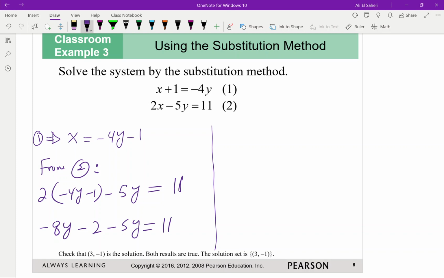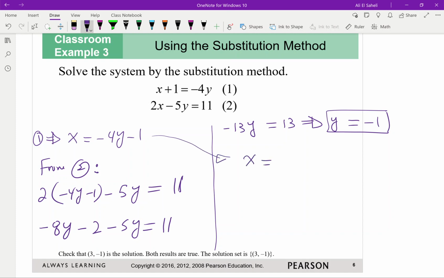Expand, and we have minus 8y minus 2 minus 5y equals 11. So minus 13y equals 13, which means y equals minus 1. Then we use this equation to get x.